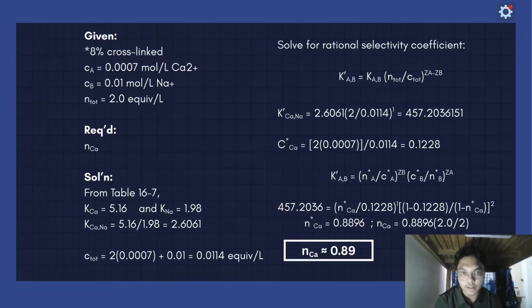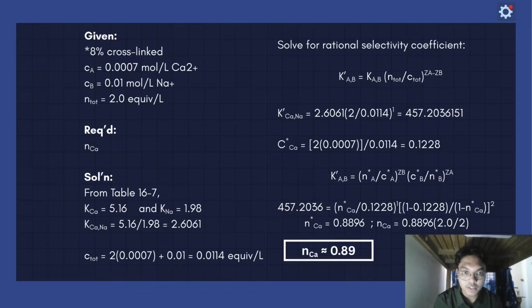After getting all of this, we can now solve for the rational selectivity coefficient, where its formula is: the rational selectivity coefficient is equal to the combined thermodynamic equilibrium constants of those two elements times their total resin ion exchange capacity over the total concentration raised to the difference of the valence of those two elements.